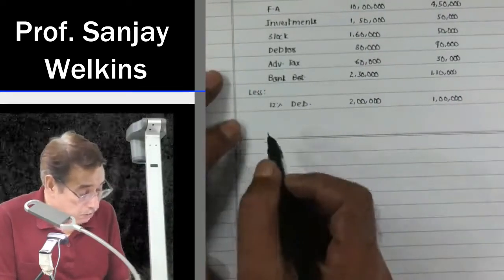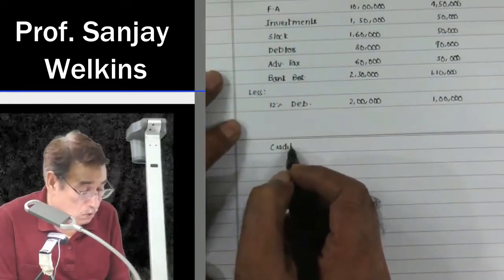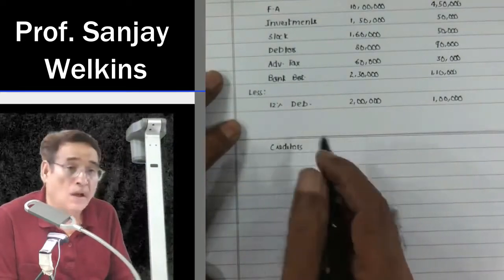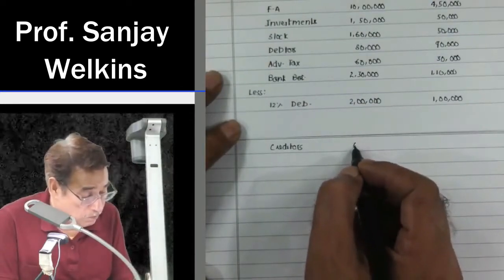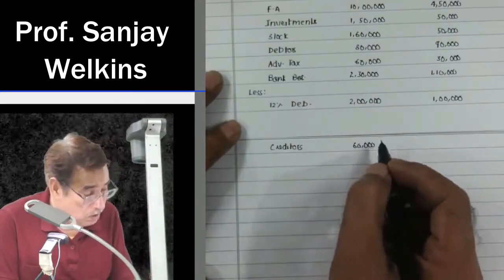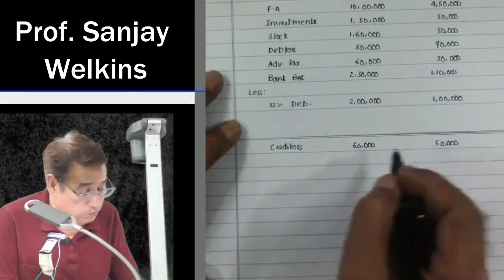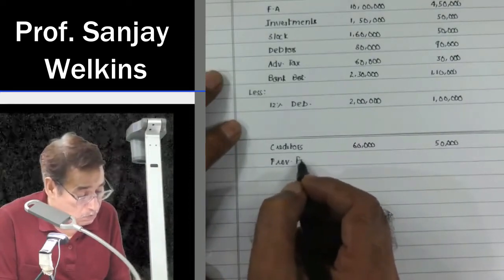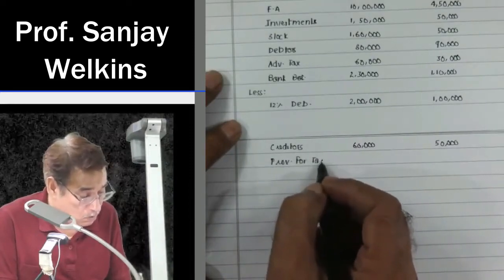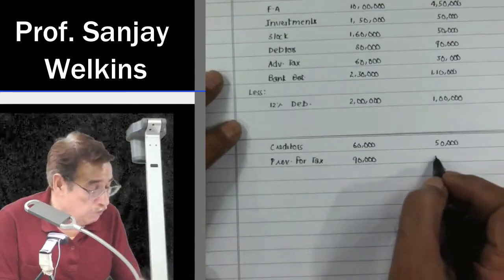Then the next item will be creditors. Amount of creditors is equal to 60 and then 50. So all these formalities we will have to go through. Then provision for tax, 90,000 and 50,000.